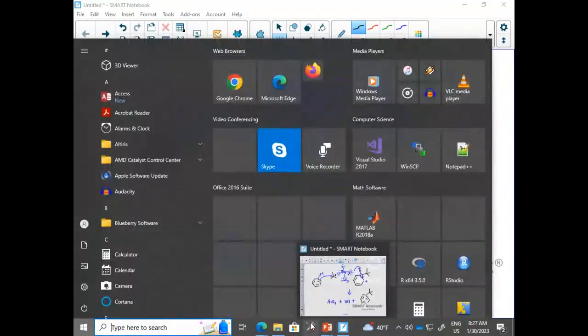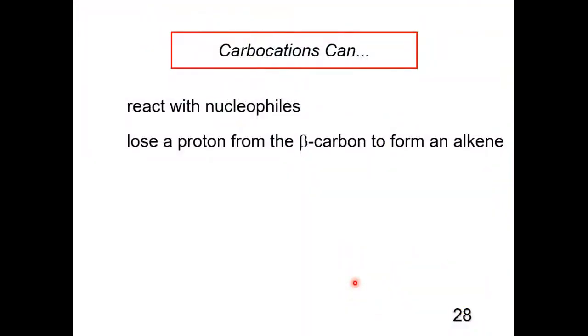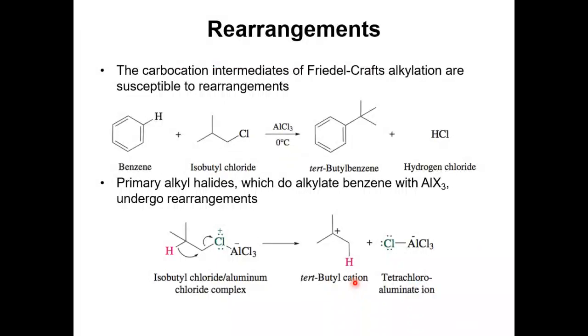But also, I hope you recall the carbocation can rearrange from a less stable one to a more stable carbocation. This is the reason why, if you use, say, a primary alkyl halide as the electrophilic reagent and let it react with benzene using aluminum chloride as a catalyst, you will not get alkylated benzene with the primary alkyl group.